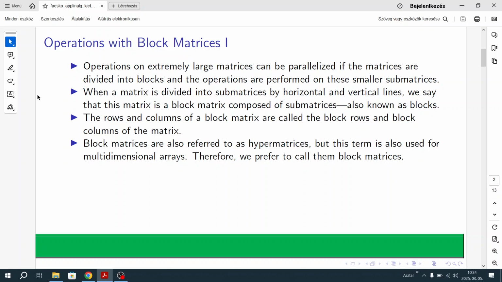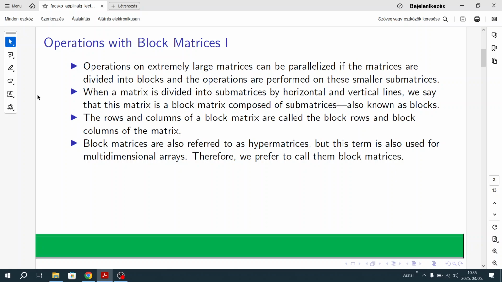The matrices are divided into parts, and the parts behave like the elements of the matrix. There are smaller matrices, and you can cooperate with them like the elements. So the block matrices have smaller matrices in the blocks and rows.